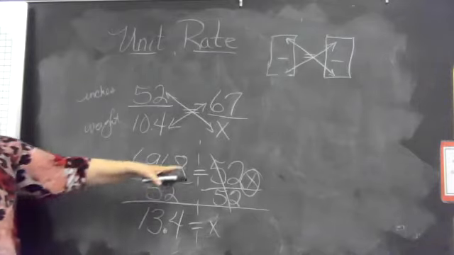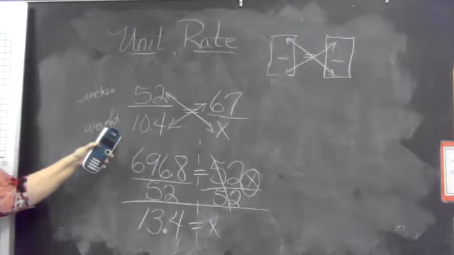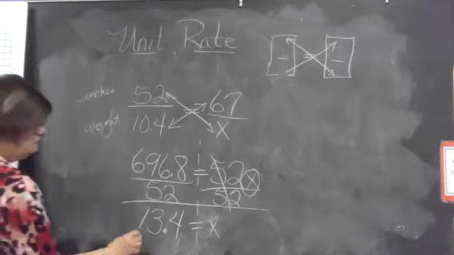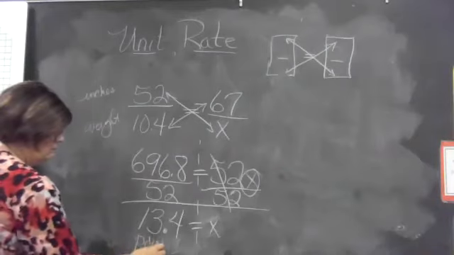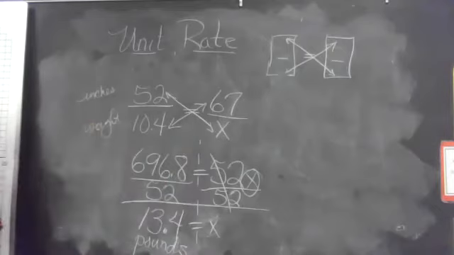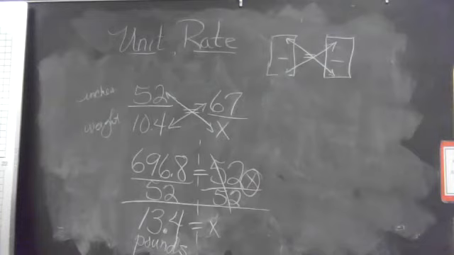Where did we put the x? In pounds, right? So the answer we found was the pounds, the weight. It wasn't the inches. Do y'all see? You have to keep your brain in the problem to find out what we're finding.